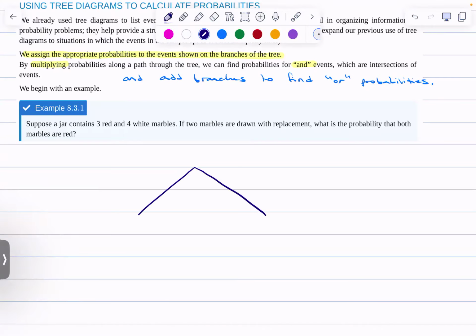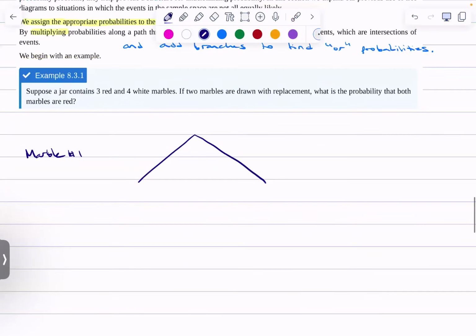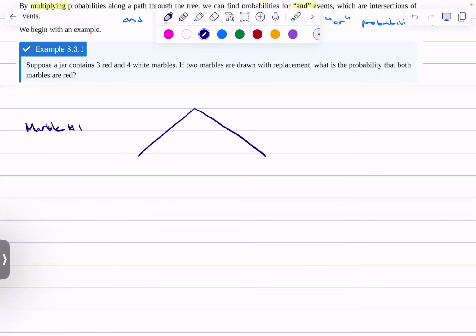I draw my first marble, marble number 1, and it can be red or it can be white. And with replacement, marble number 2 can be red or it can be white. It can be red or it can be white. This is red.